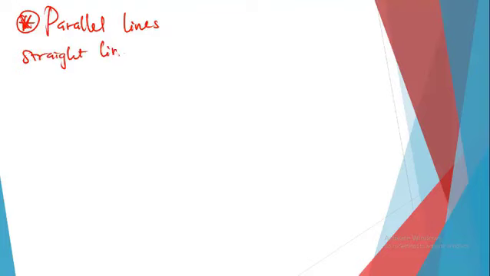Okay, let's go over to what we call parallel lines. Parallel lines are straight lines that will never meet. They will never meet at any point.